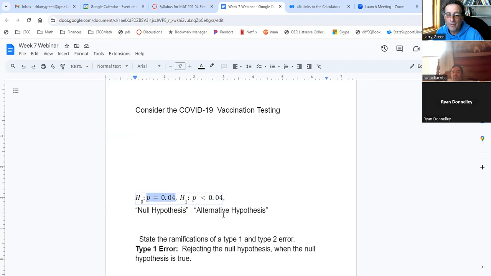Would that be bad, by the way, in this situation with the COVID vaccination? What would happen? Any thoughts?